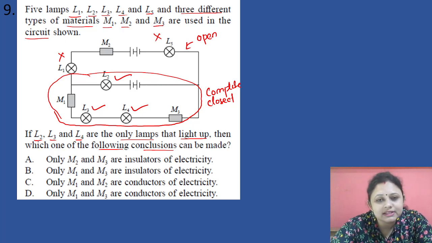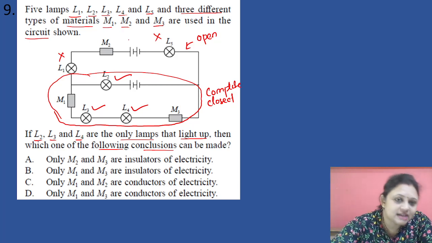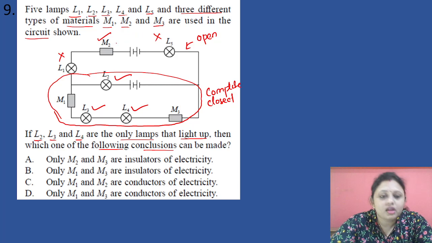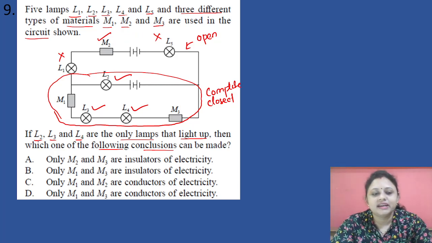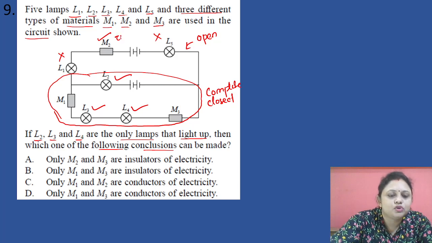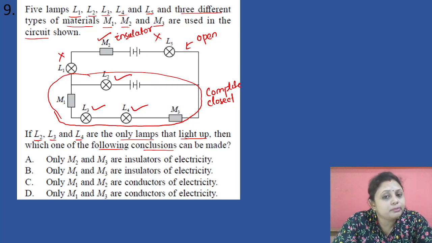So how can this be an open circuit? It can be under this condition: if M2 is not conducting electricity, meaning M2 is an insulator, in that case this circuit will not be complete, it will be an open circuit.